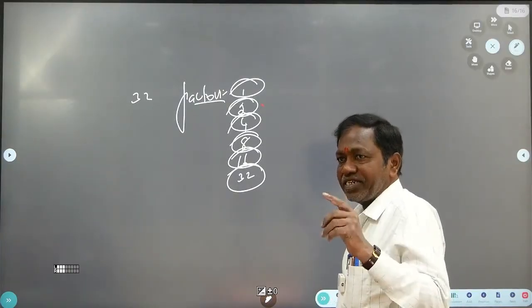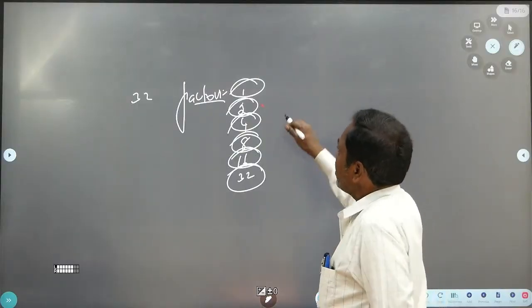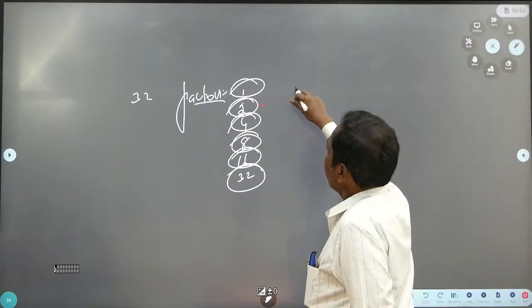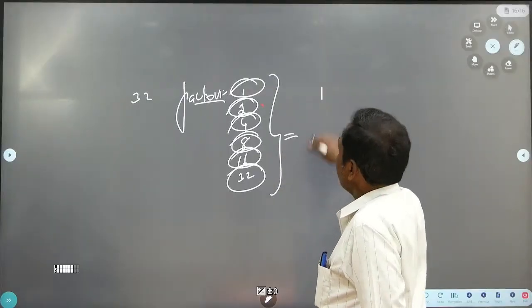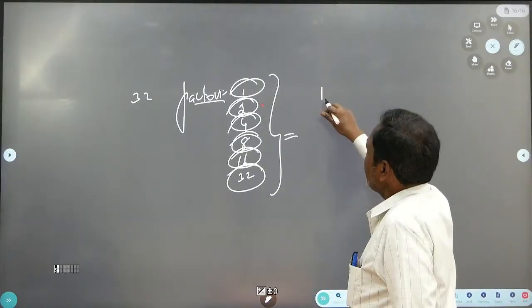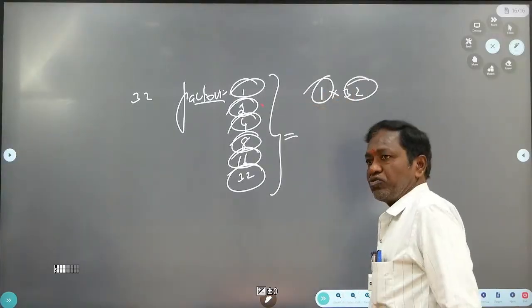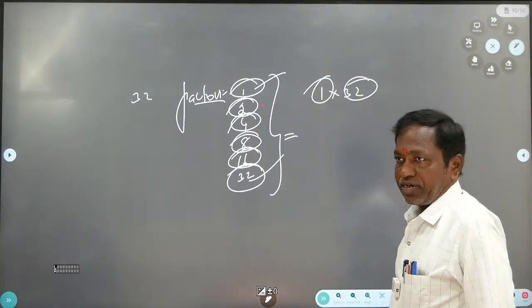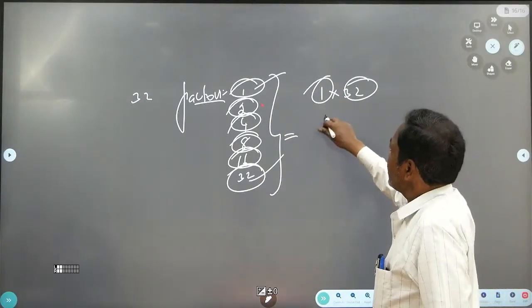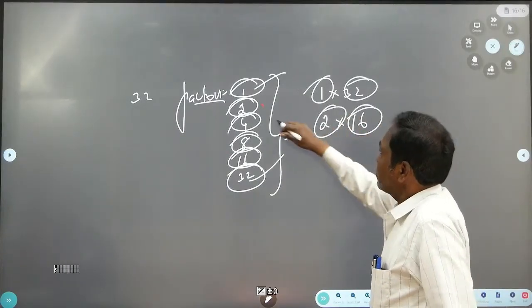Instead, you have to shortlist this structure. You can start with 1 as a factor: 1 into 32. So 1 is a factor, and 32 is also a factor. Next, if you start with an even number, 2 into 16, so 16 is a factor and 2 is a factor.